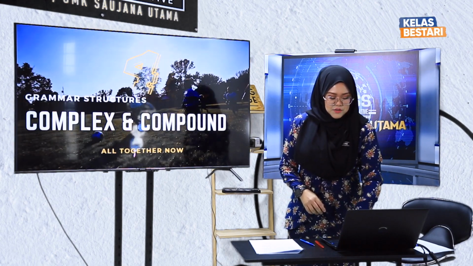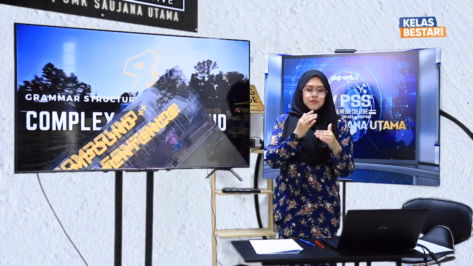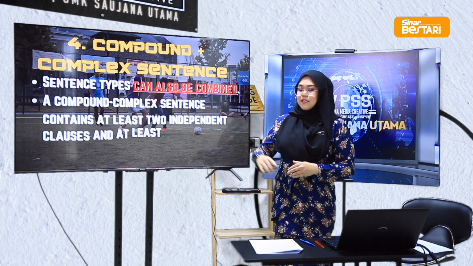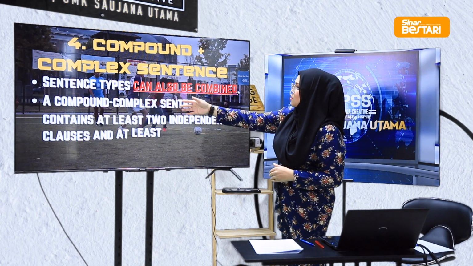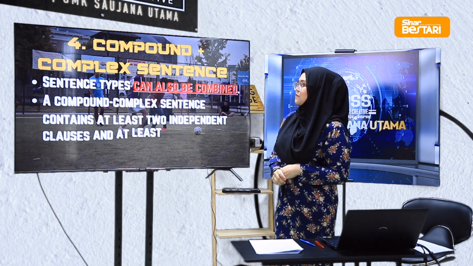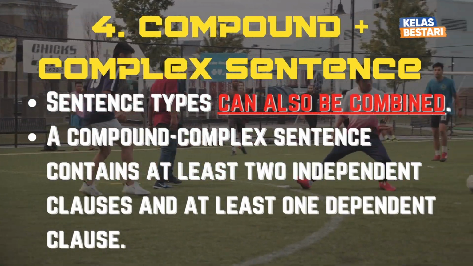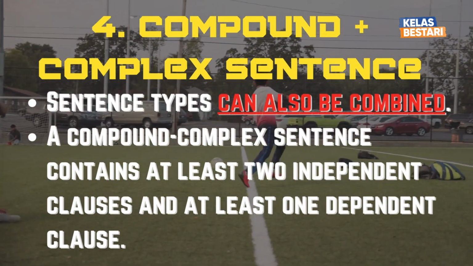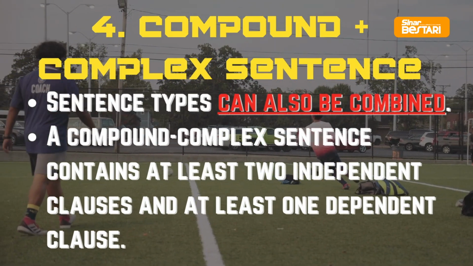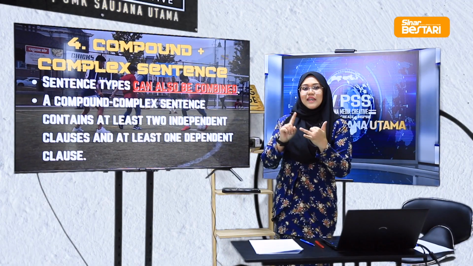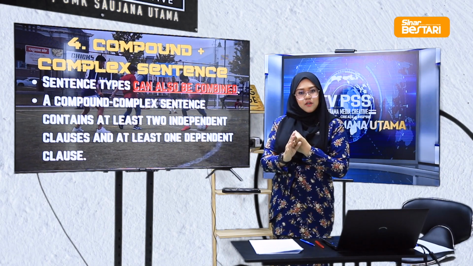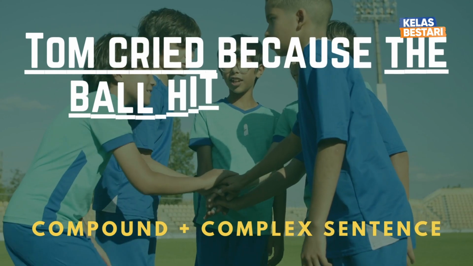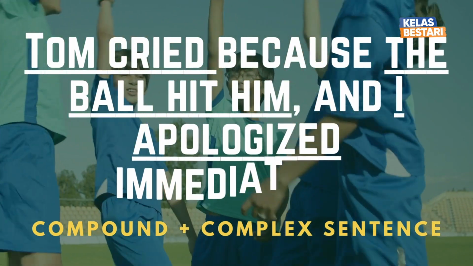Okay. All together now. How are we going to use this sentence as a compound plus complex sentence. They are combined in one sentence. A compound complex sentence contains at least two independent clauses and at least one dependent clause. So just now I said, I kicked the ball and it hit Tom. That is two independent clauses. Next, we have dependent clause is where we said Tom cried because the ball hit him.